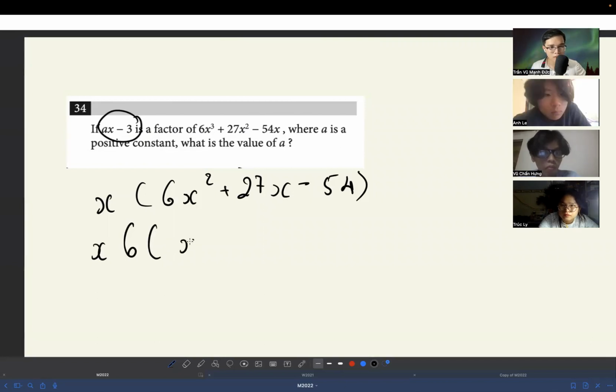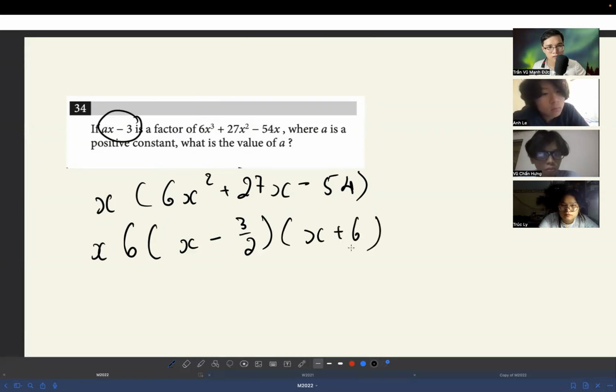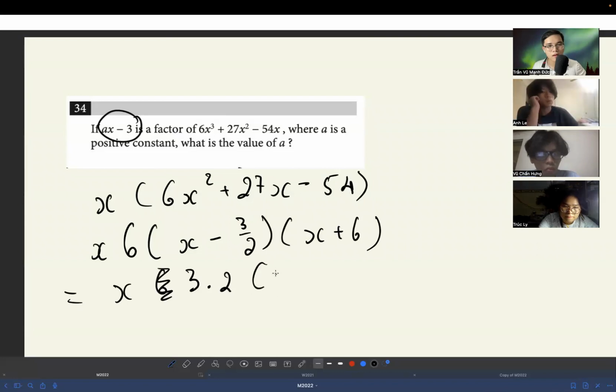All right. I think I do know how to solve this. x minus 3/2 times x plus 6. Still like that. But look, if I split 6 into 3 times 2, x minus 3/2, x plus 6.